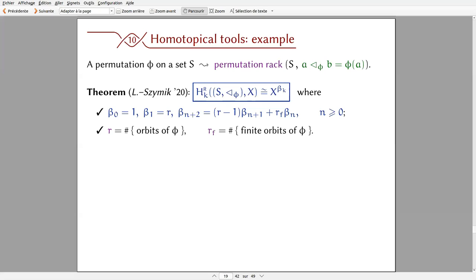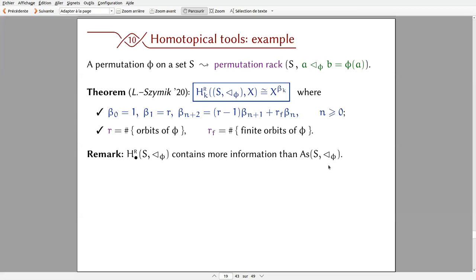There are a lot of things you can say about it. For example, if you have only finite orbits, this formula simplifies and you get the Betti numbers which you knew from the results on the previous slide. Another consequence of this result is that the homologies contain strictly more information than the associated groups in this case. The associated group for a permutation rack like this will be the free abelian group on R generators, where R is once again the number of orbits.